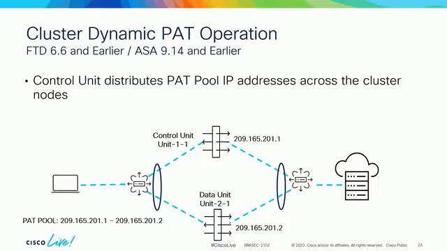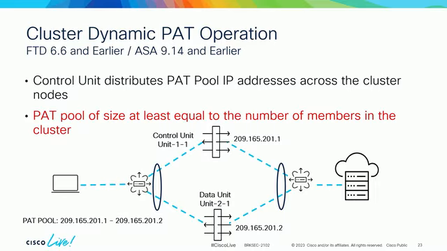So when working with dynamic PAT in a cluster environment, it is important that we consider a PAT pool of size at least equal to the number of nodes in the cluster, at least. Otherwise, we may limit the cluster throughput, or we may run into low performance.